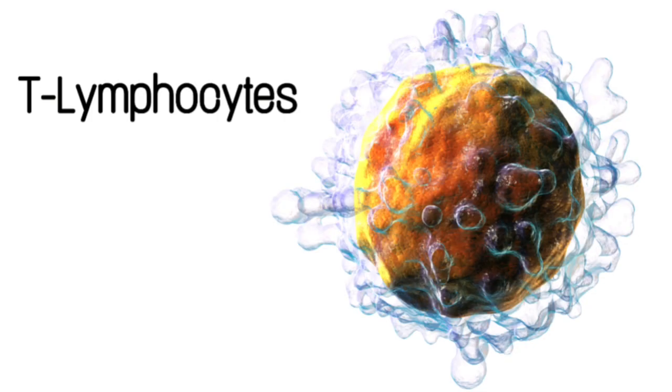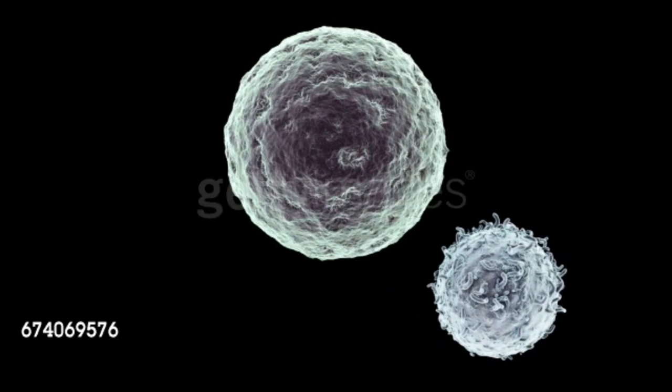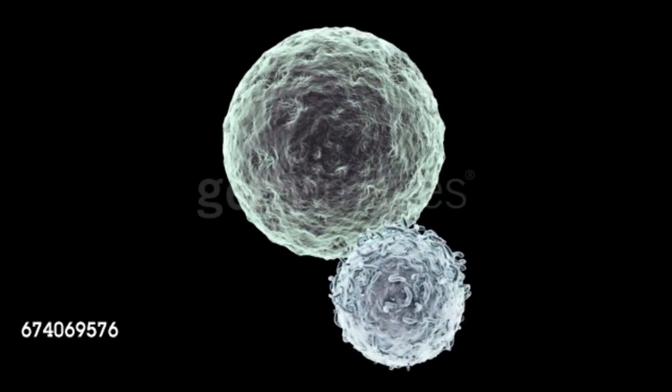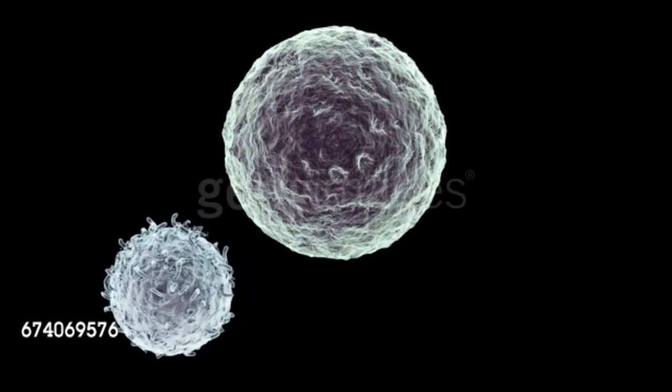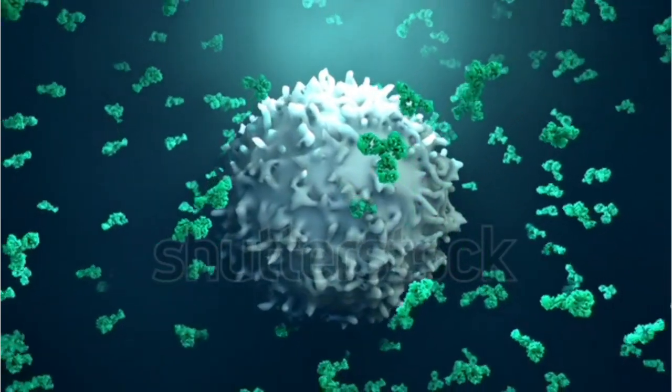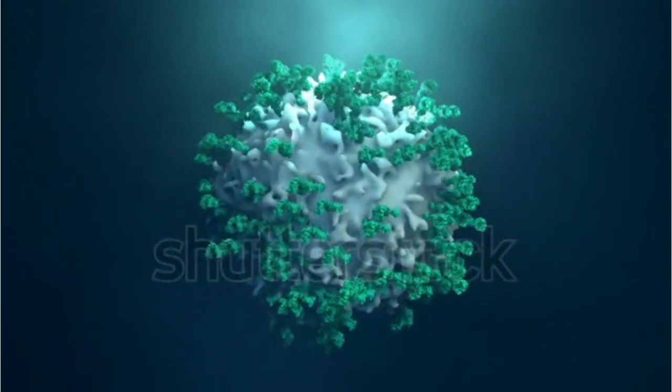T cells are the thymus derived cells, that means they are produced from the thymus gland. T cells will also have another type of cells called T helper cells, which suppress the microorganisms and destroy the microbes. The T lymphocytes are responsible for immune responses of the body.